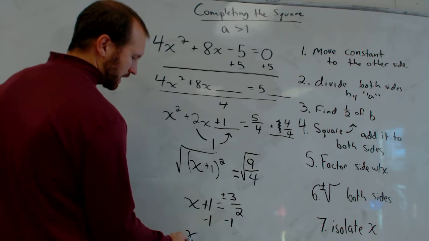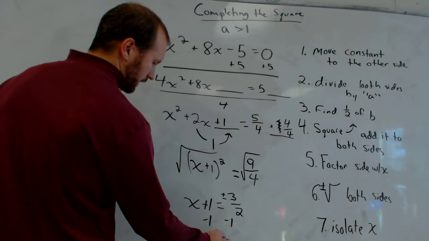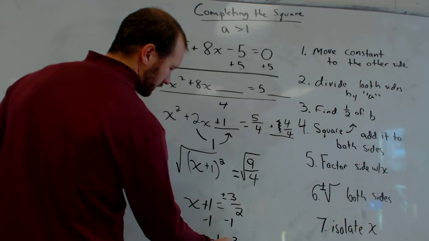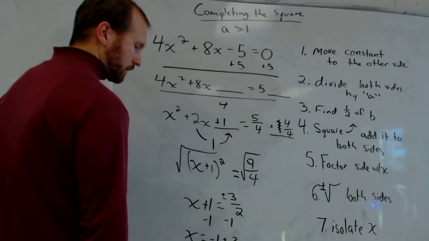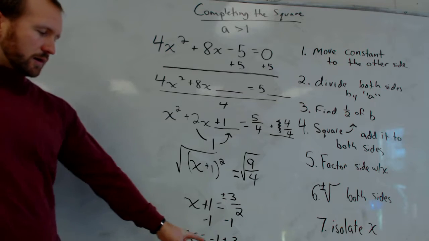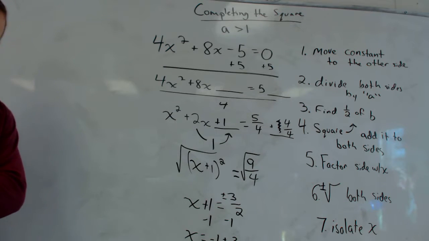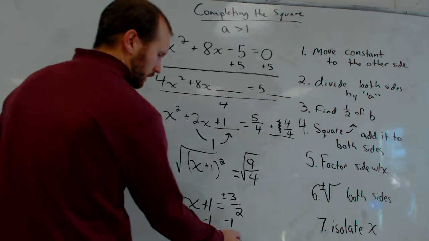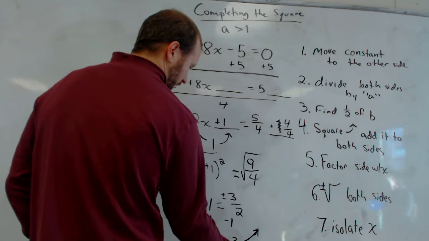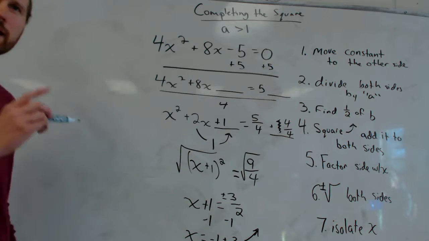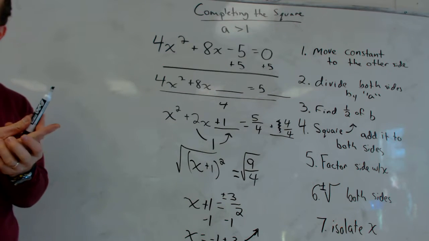In this case I'm not done because I can actually simplify this. What is negative 1 plus 3 halves? If we want to add fractions, we want them to have the same denominator.